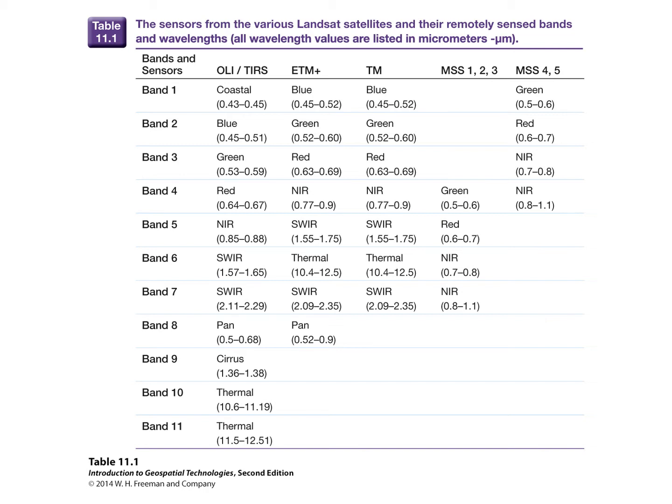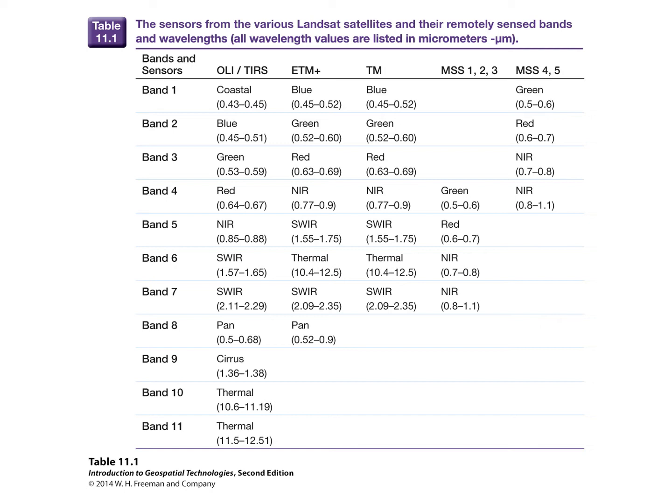Well, let me back up just to make sure I don't confuse you guys with this. So let's look at the first satellite. Going across, you see the different ranges that things collect for band 1, band 2, band 3, band 4, etc. Up to down, we have the OLI and the TIRS, that's the satellite. We have the RS sensor.